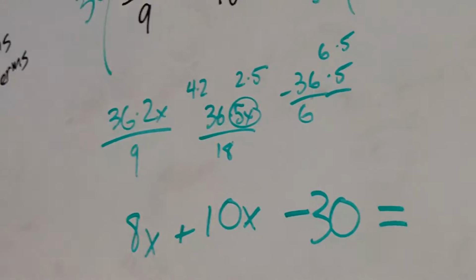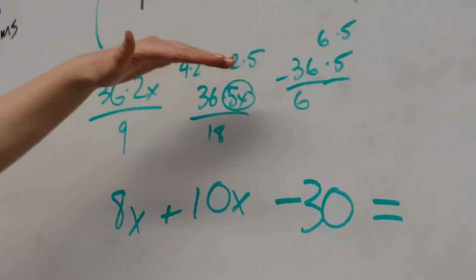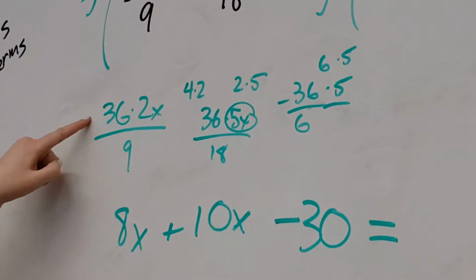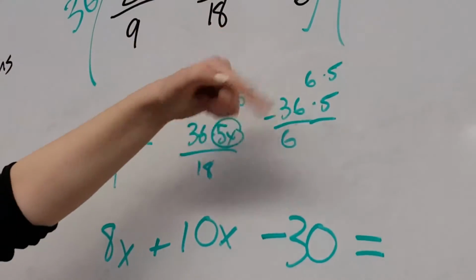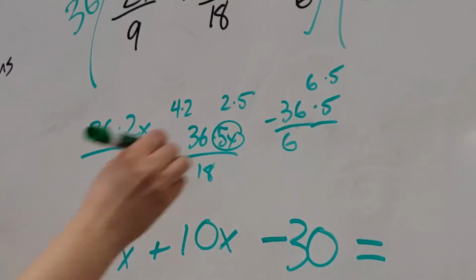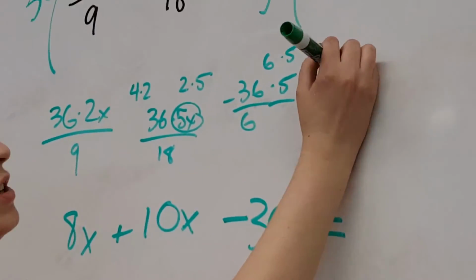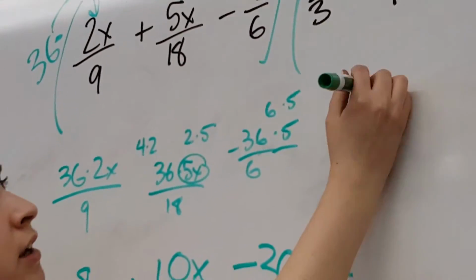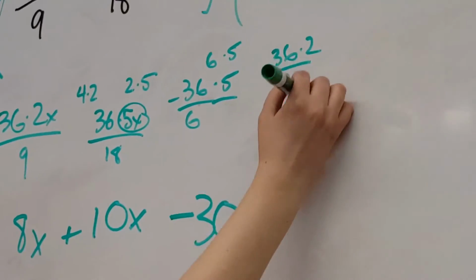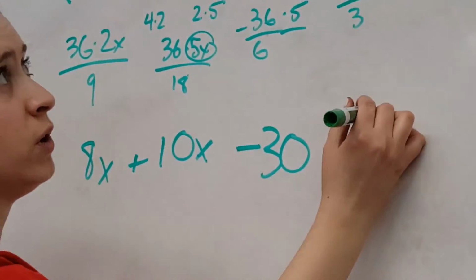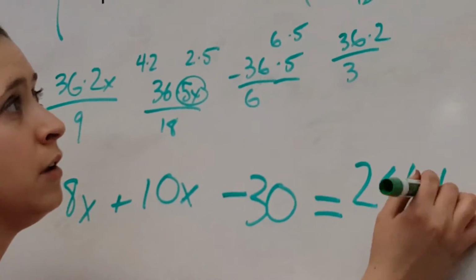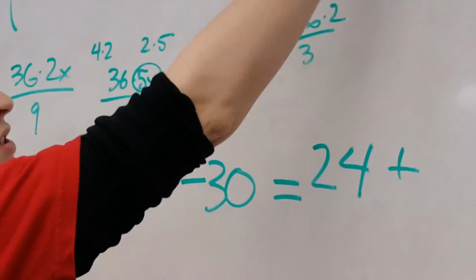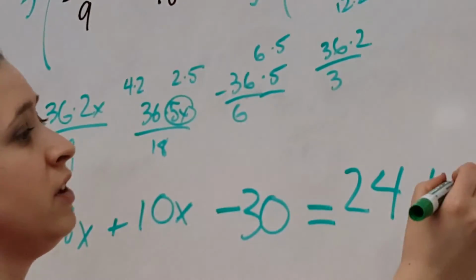All right, so we're halfway done. We got through this side of the equation. And all we did was we multiplied each term by 36 and then reduced the fraction. Same thing here. What is 36 divided by 3? It is 12. 12 times 2 is 24. Plus 36 divided by 12 is 3.